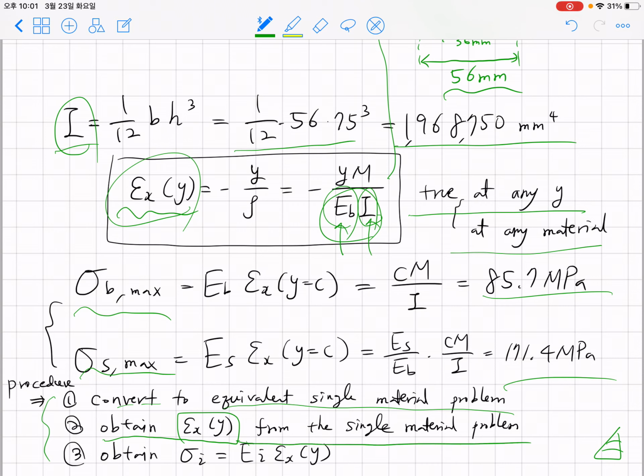After obtaining the normal strain for each infinitesimal area as a function of y, you can obtain the stress at a specific position by multiplying by the Young's modulus at that point. Okay, so this is the procedure for solving a composite problem.